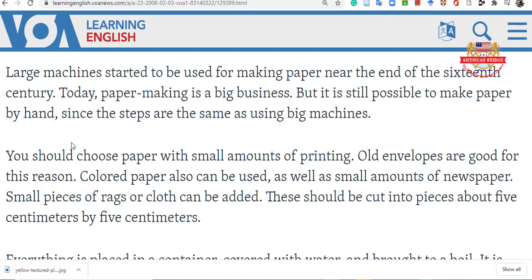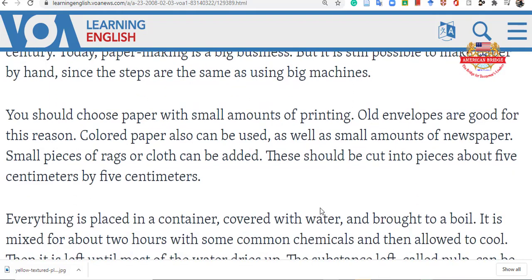All envelopes are good for this reason. Colored paper also can be used, as well as small amounts of newspaper. Small pieces of rags and clothes can be added. This should be cut into pieces about 5 centimeters by 5 centimeters.